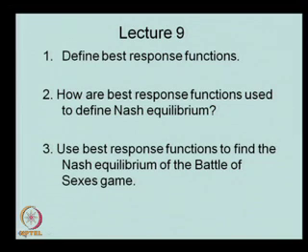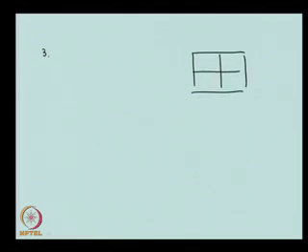The third question: use best response functions to find the Nash equilibrium of the Battle of Sexes game. If you remember, the Battle of Sexes game looks like the following. This is the wife, this is the husband, and there are two actions here. And these are the payoffs.